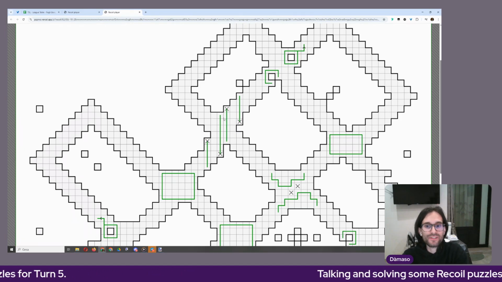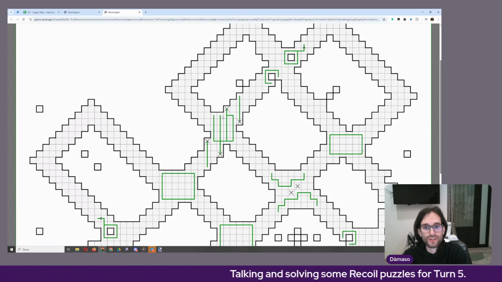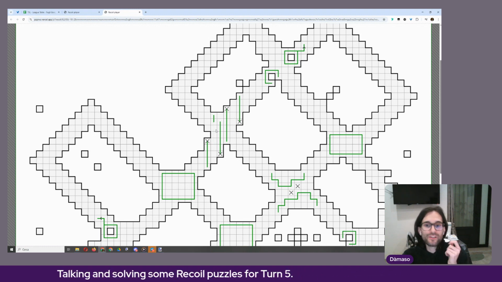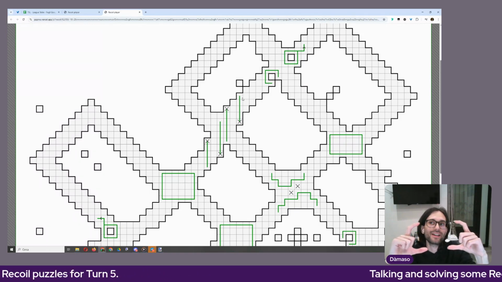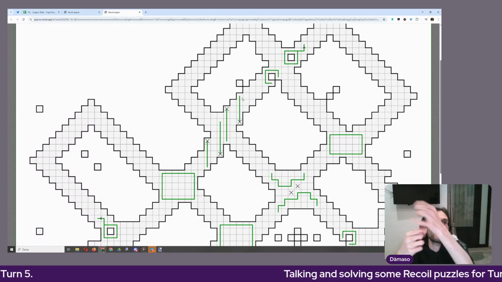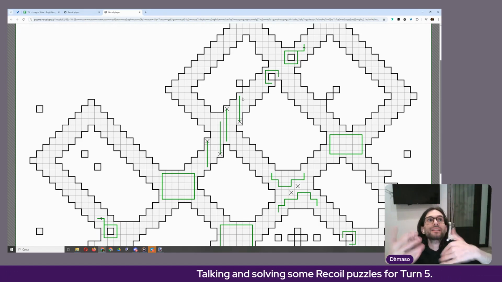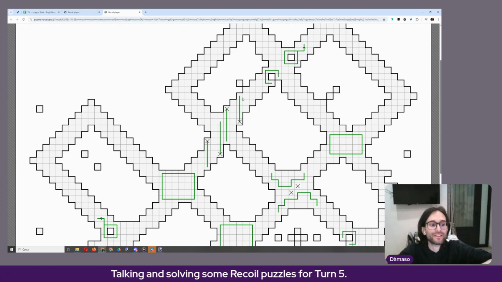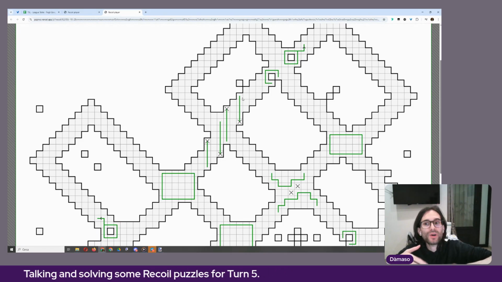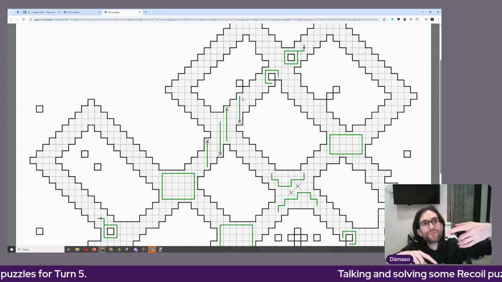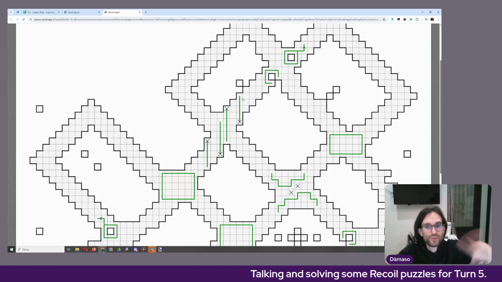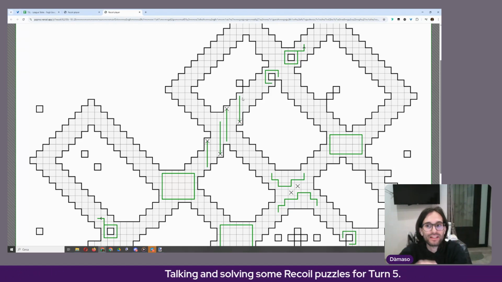You have this one that even if you think that the rectangle is little considering the others, it's exactly not that way, because the path is smaller, so you must take less space, but at the same time you have more recoils there, and so you are allowed to go in different directions because you have enough recoils to do so. So you don't know if there happens that or not.